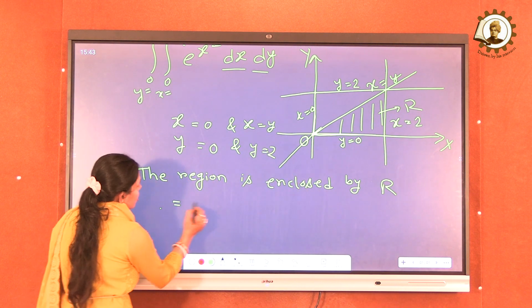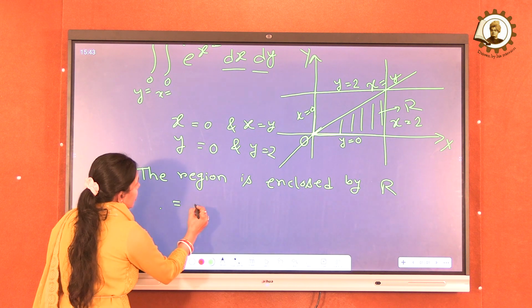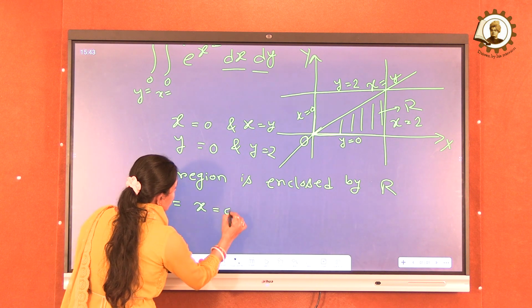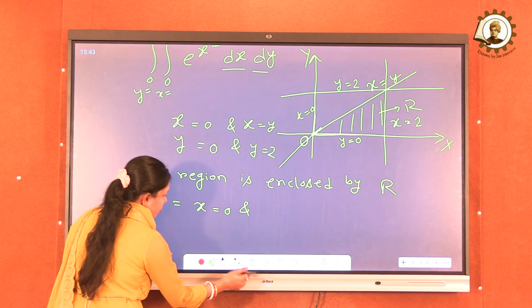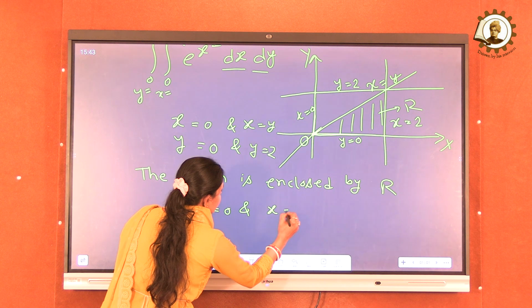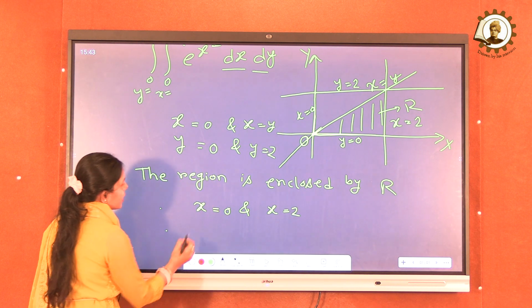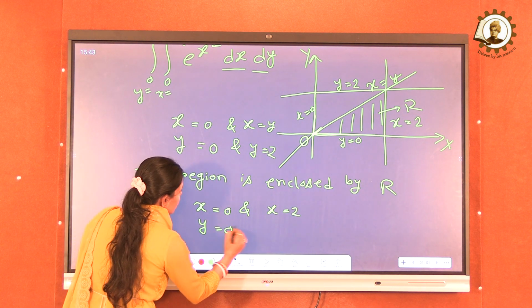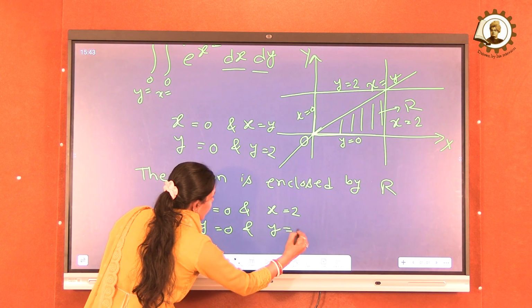Now the limits are converted: x equals 0 and x equals 2, and the y limit is y equals 0 and y equals x.